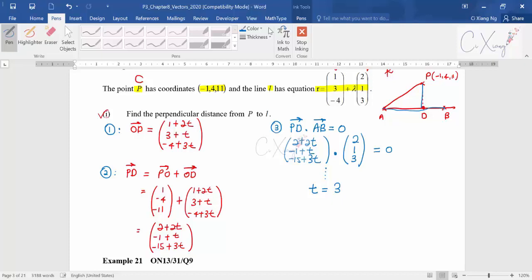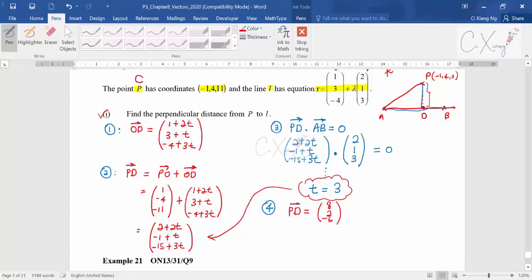Once you get t equals 3, we get to step number 4. You substitute the value t equals 3 into PD, and after that, you find the magnitude of PD. Once you substitute t equals 3 into PD, you should get 8, 2, and negative 6.